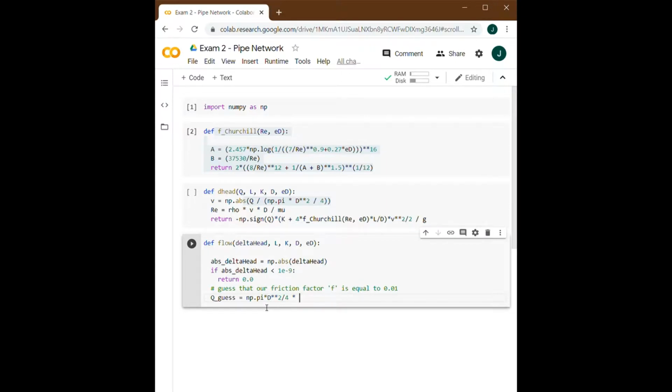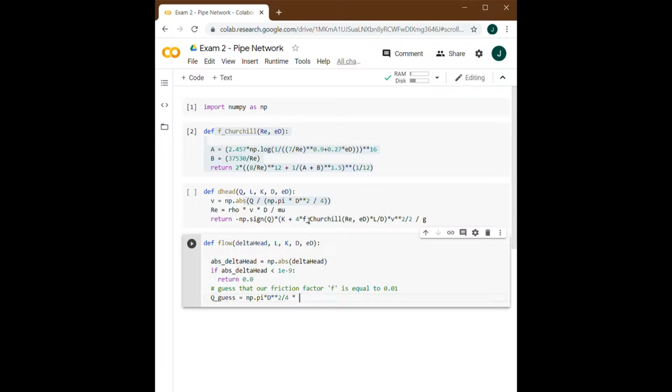The way we get out our velocity is by multiplying our change in head times a gravitational constant, divided by our K constant, times our frictional factor, F, which we're guessing is 0.01, times our length divided by the diameter of the pipe. So, typing all that out, we're going to have our velocity.